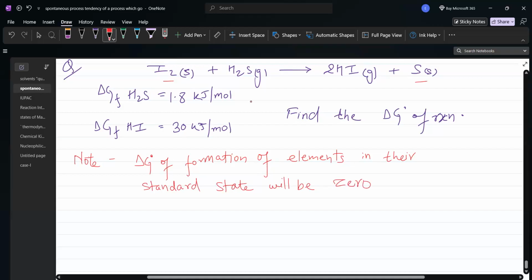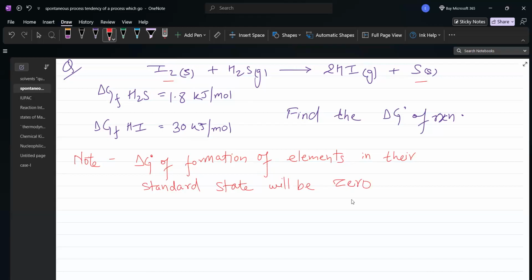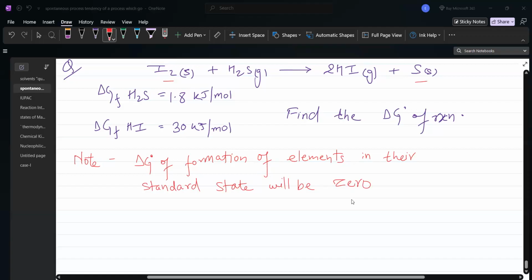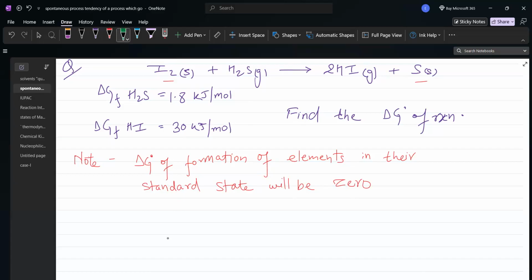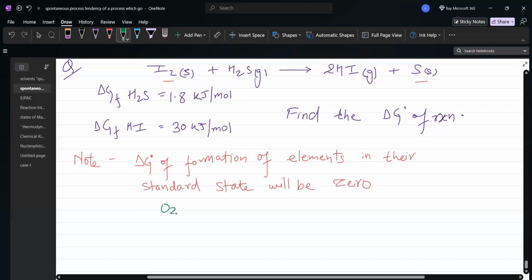Okay, be patient. We are going to solve this question. So what I was saying, that delta G formation of elements in their standard state will be 0. Like this oxygen, oxygen is present in the atmosphere in this form only, O2 gas, right? So its delta G of formation will be 0.